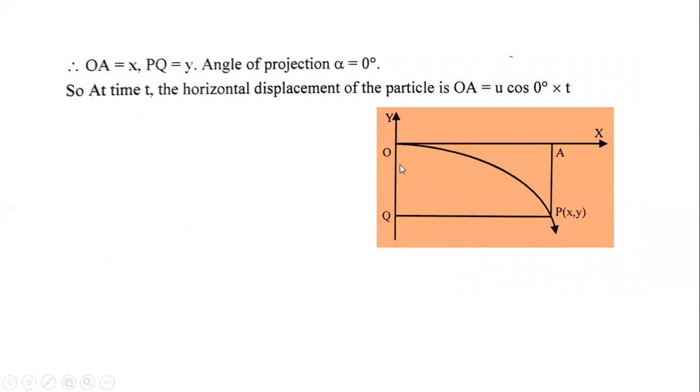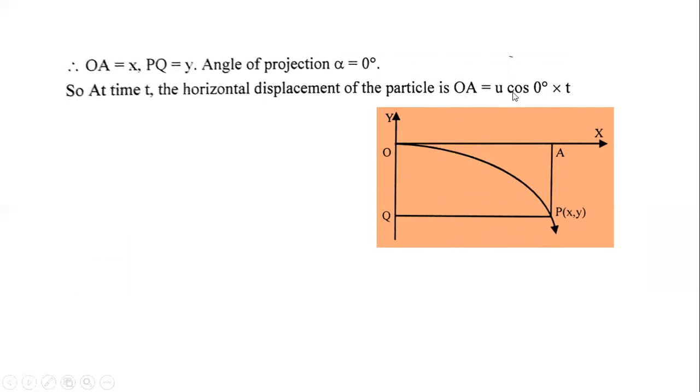Here OA equals x, OQ equals y. Angle of projection alpha equals 0 degree. So at time t, the horizontal displacement of the particle is OA.